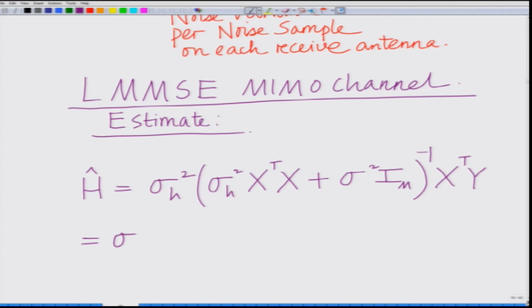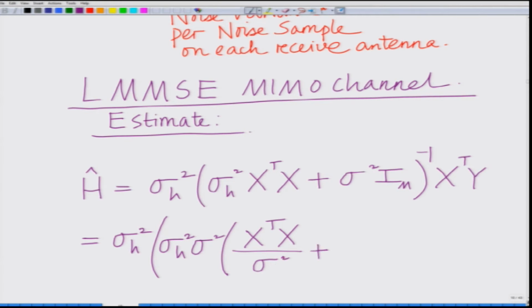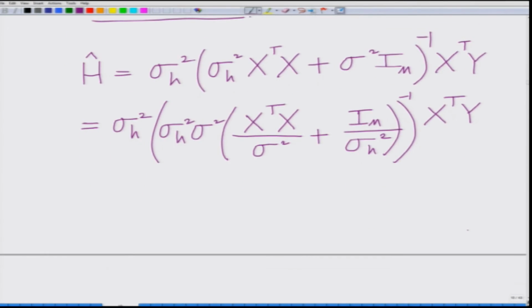I can write this as sigma h square times, and inside the brackets I can take sigma square common. So that becomes X transpose X divided by sigma square plus I M divided by sigma h square, inverse, times X transpose Y. When sigma square comes out of the bracket, because there is an inverse, it goes into the denominator.